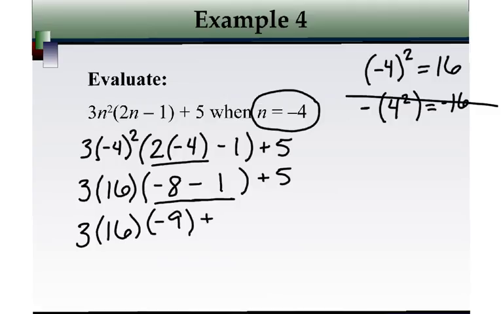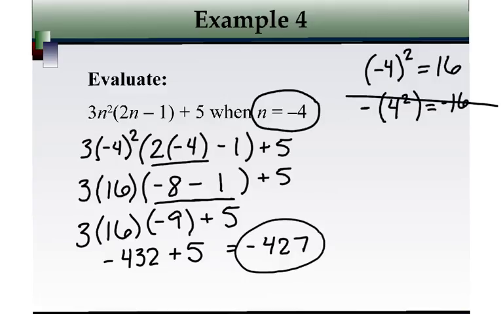So now what we have is 3 times 16 times negative 9. I've already figured that out. It is negative 432. So pretty simple. This last step is going to give us negative 427. And we're done.